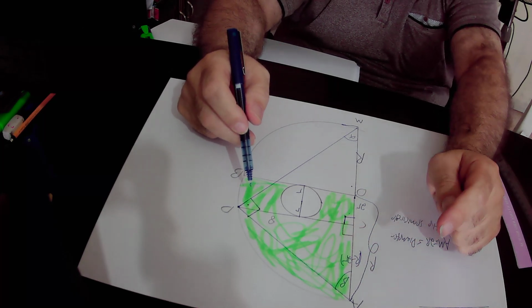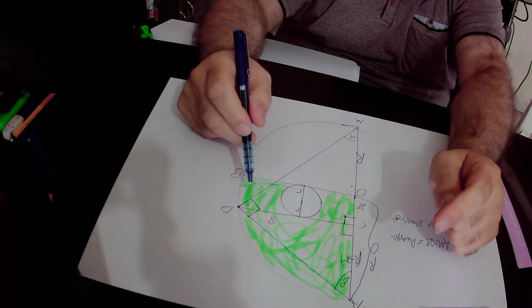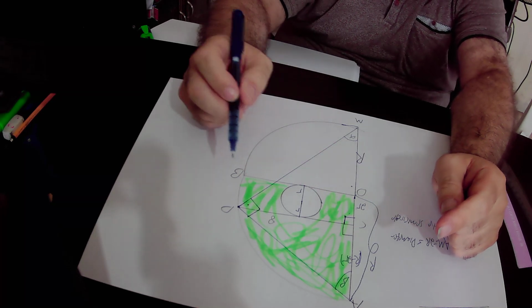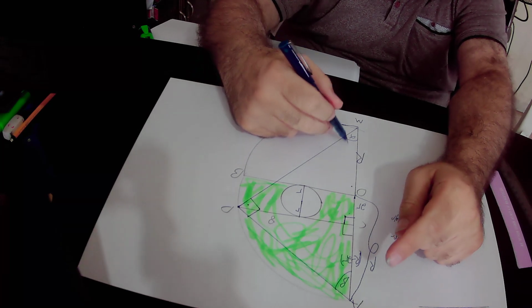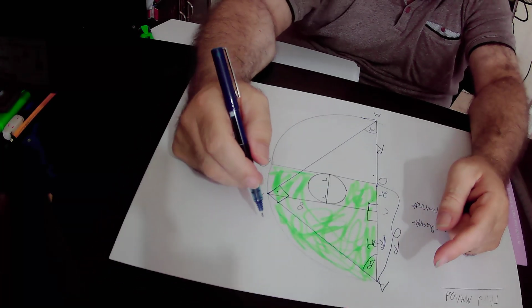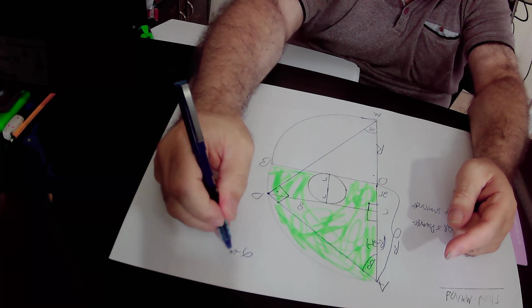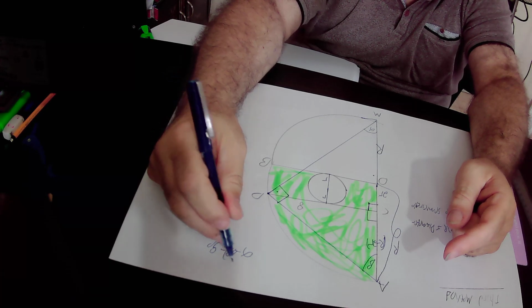That is the sum of the angles in any triangle. So alpha plus beta must be equal to 90 degrees.